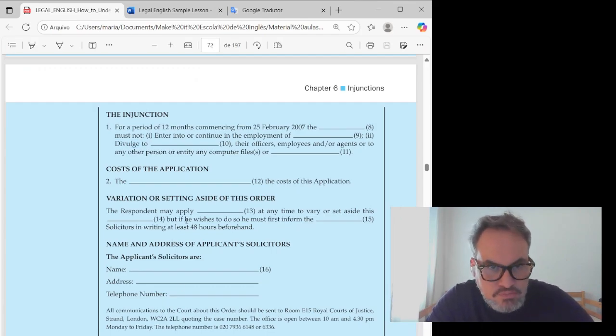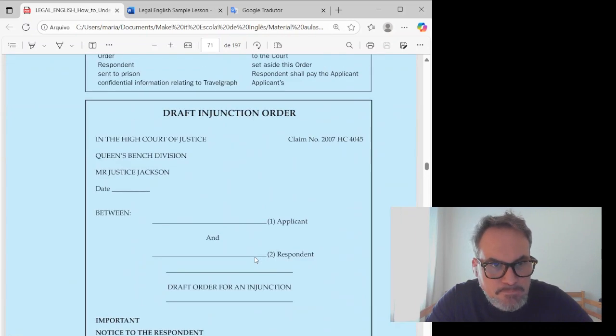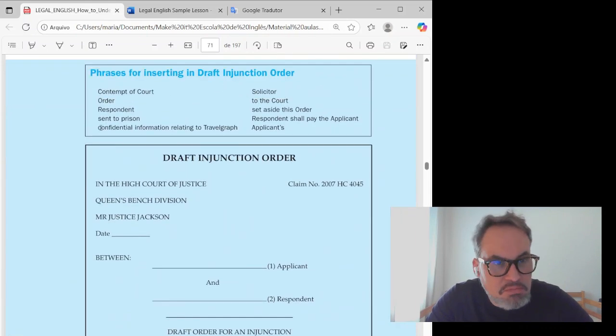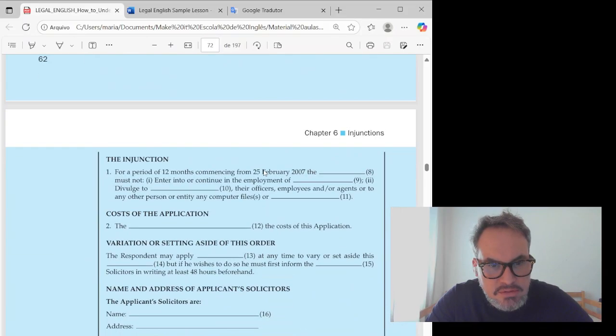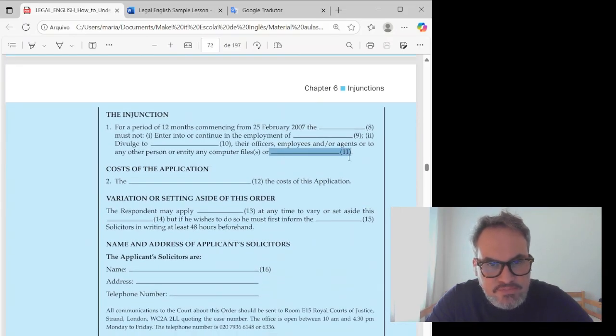Divulge to the same name, the company, WorldLink Limited, their officers, employees, and/or agents, or to any other person or entity, any computer files or confidential information relating to Travel Graph.